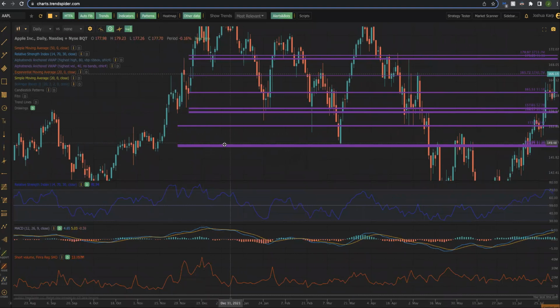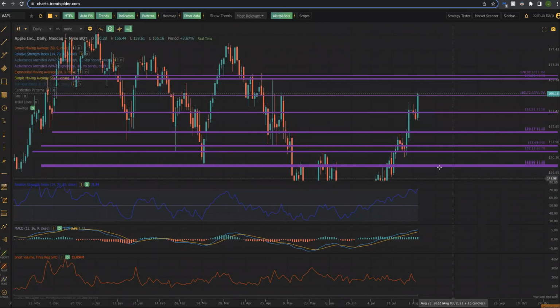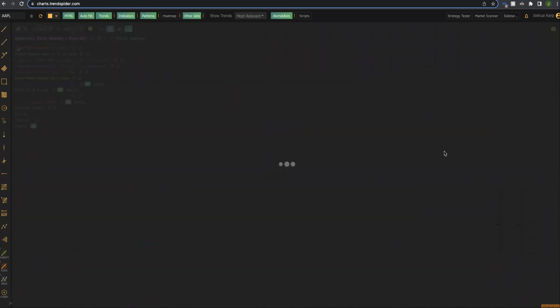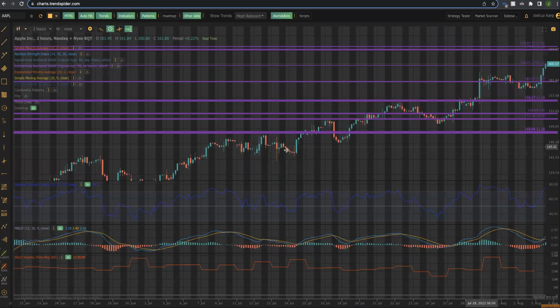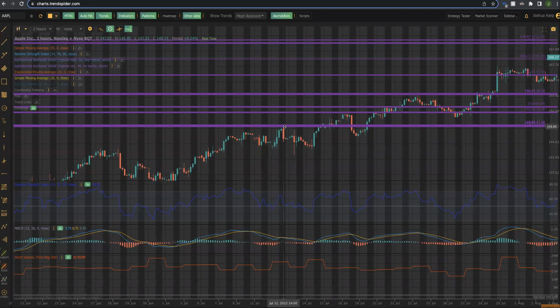So I didn't know how to go further back, but basically, you could see this level also acted as a resistance, then support over here as well, and you can see how it acts as those supports and resistance. I was just trying to draw it so that I could show it in different time frames of how it has played out over time. You can see right here.